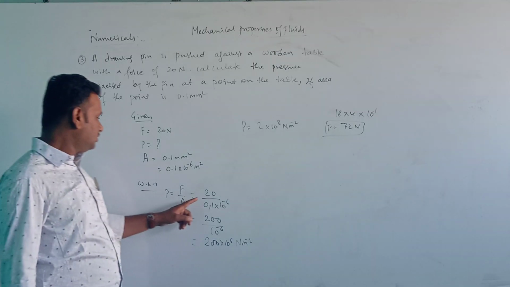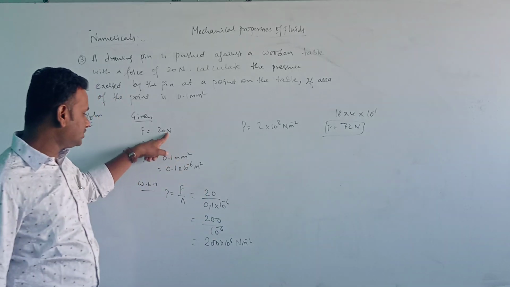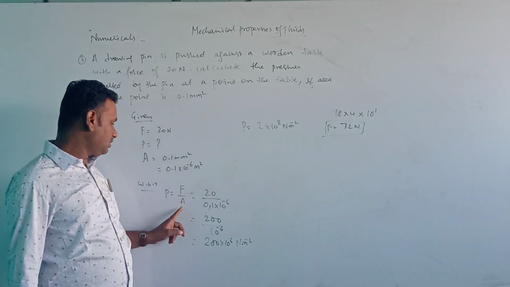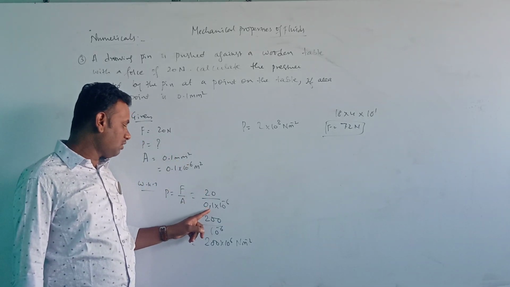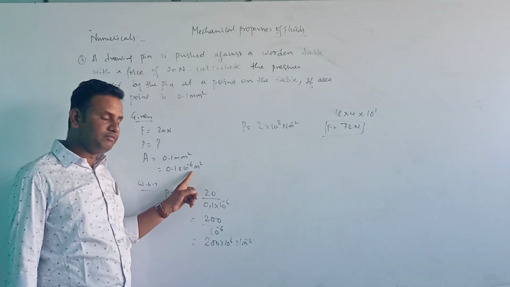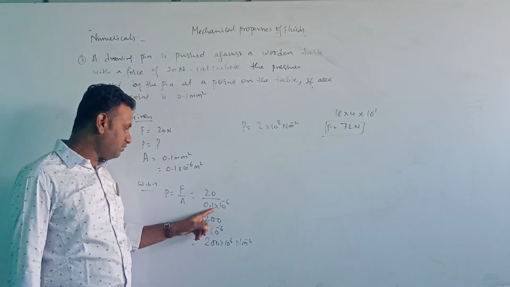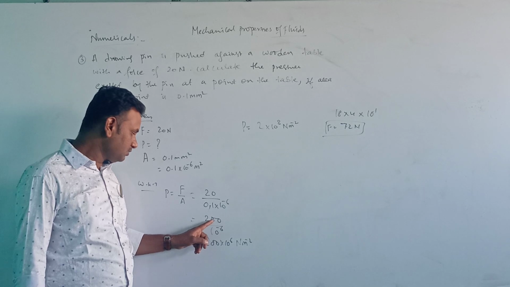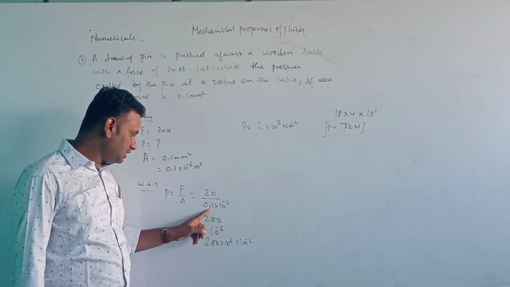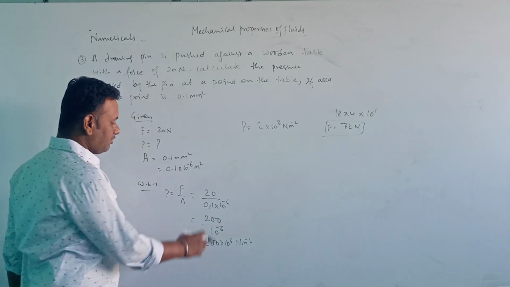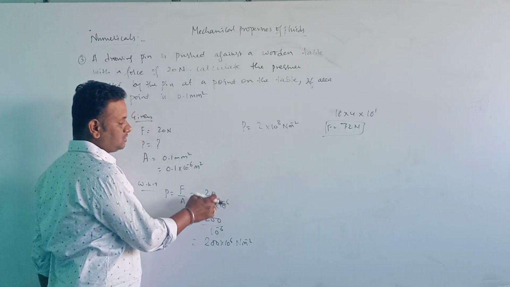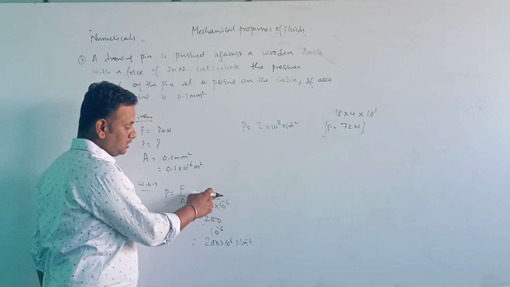So 20 is the force, and the area is 0.1 into 10 to the power of minus 6. If I remove this decimal point, then it will be 1 divided by 10, so 10 goes to the numerator.